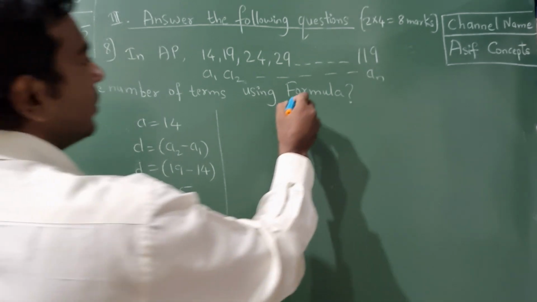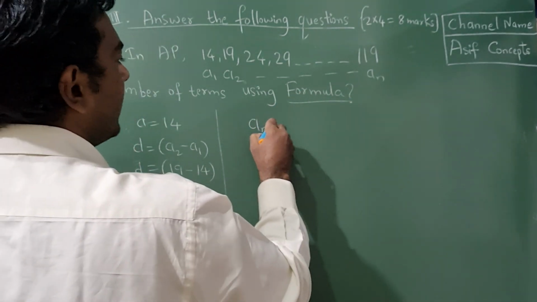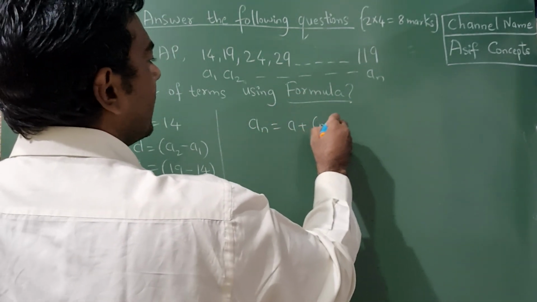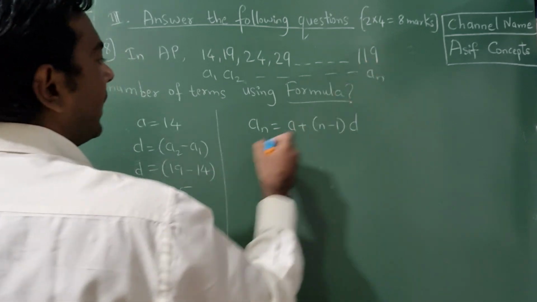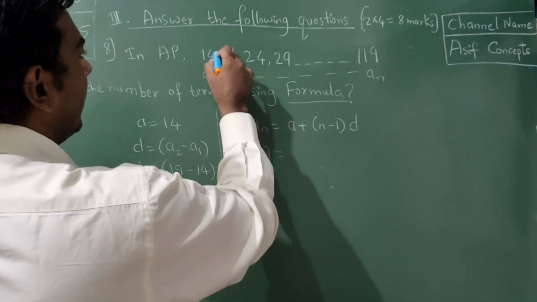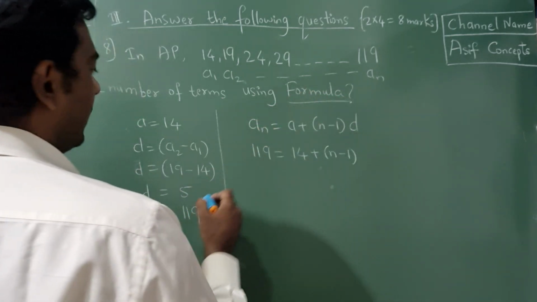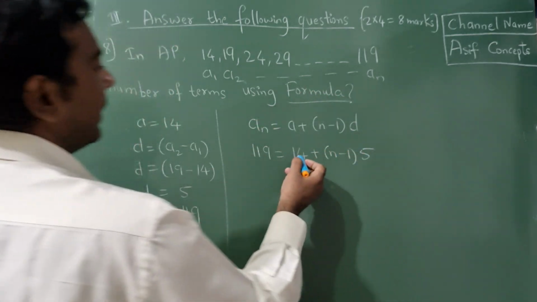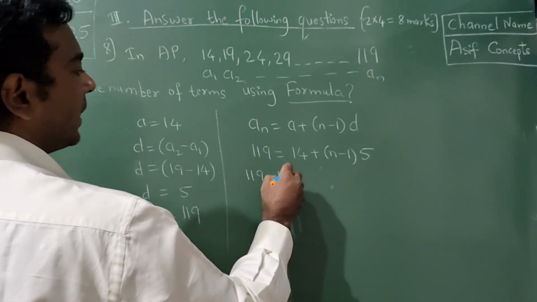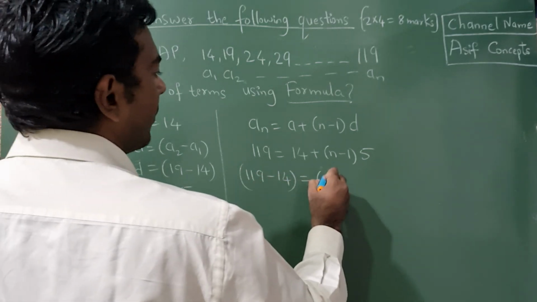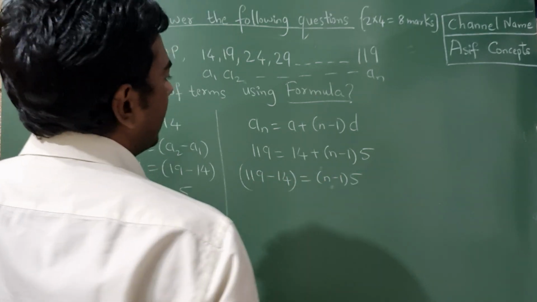119. Now using the formula, so the formula is AN is equal to A plus n minus 1 D. AN is 119, A is 14 plus n minus 1, D value is 5. Take this 14 on the left hand side, it will become minus. So n minus 1 into 5.